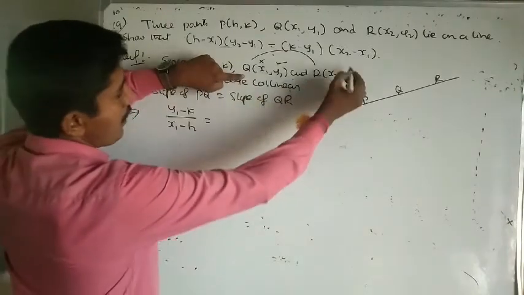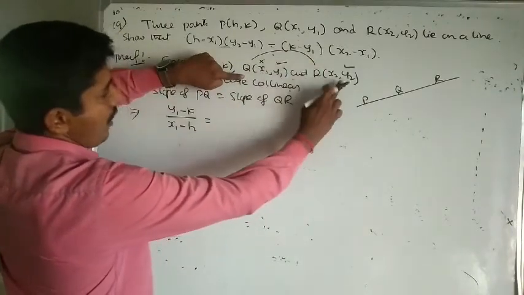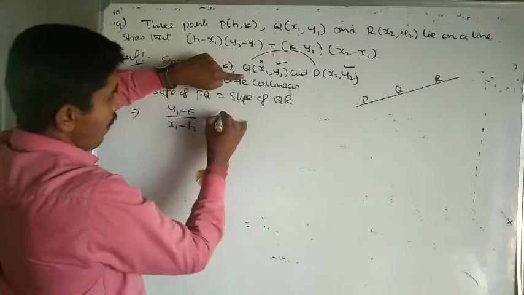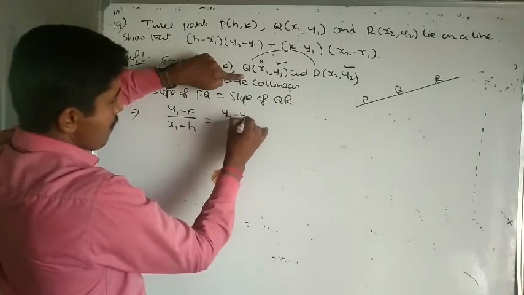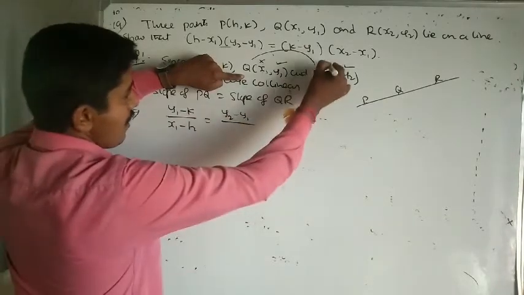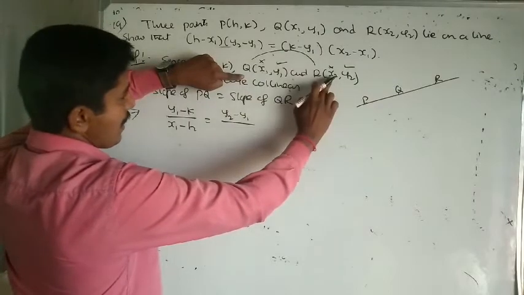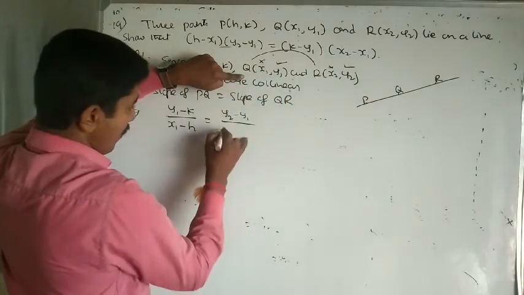Slope of QR: y coordinate minus y coordinate, y2 minus y1, divided by x coordinate minus x coordinate, x2 minus x1.